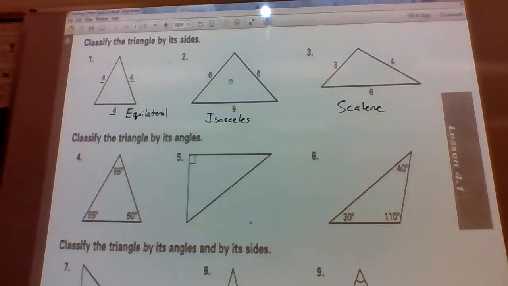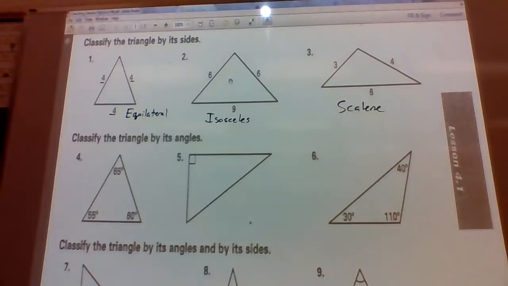Okay. We want to classify by angles. So number 4, 5, and 6 is asking us to classify by angles. We have 4 different ways. Okay, we can classify as acute, where all 3 angles are acute. We can classify as obtuse, if one angle is greater than 90 degrees.